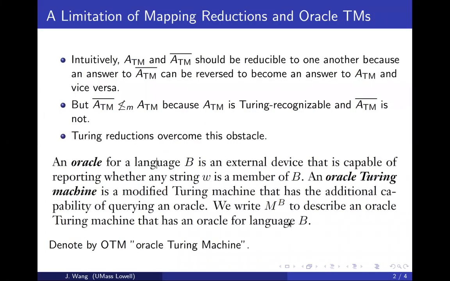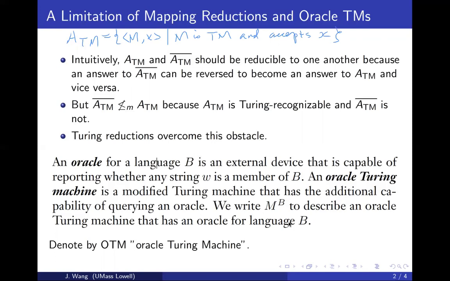Okay, so first let's look at a limitation of many-one reductions. So intuitively, remember that A sub Tm is the set of encodings m comma x, where m is a Turing machine and accepts x.